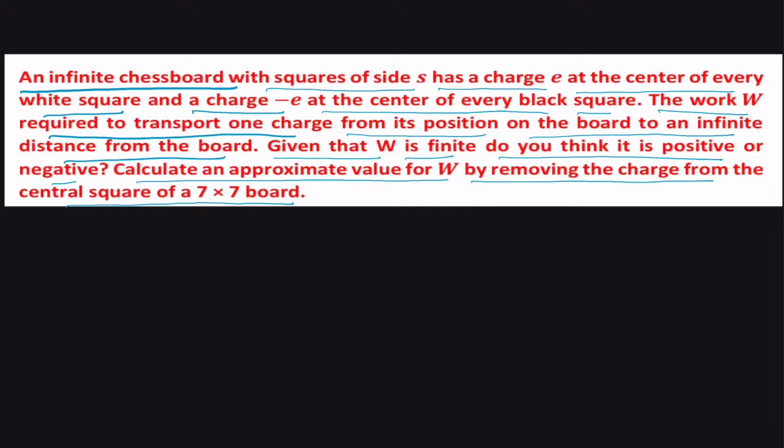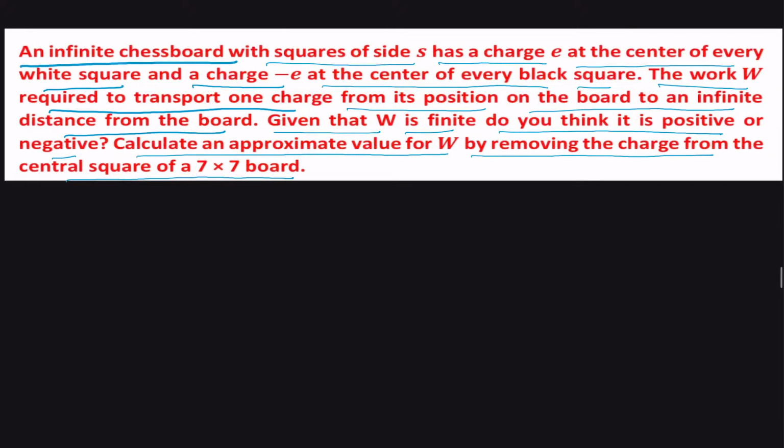But for infinite, we are supposed to find out whether the work done will be positive or negative. So with respect to our electrostatic potential energy, we can say that if there is a charge Q and there is an external potential V, then the electrostatic potential energy will be equal to Q times V. Okay, and from there we can easily find out the work done part.